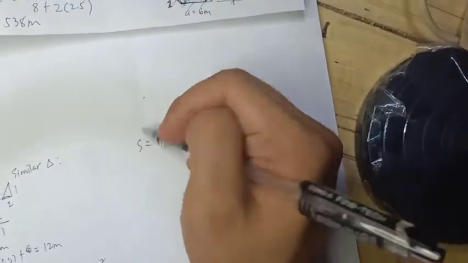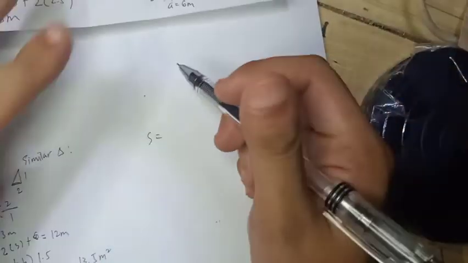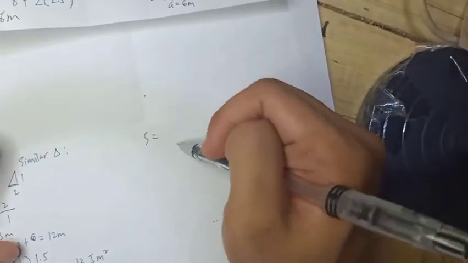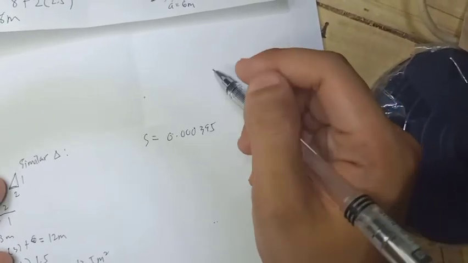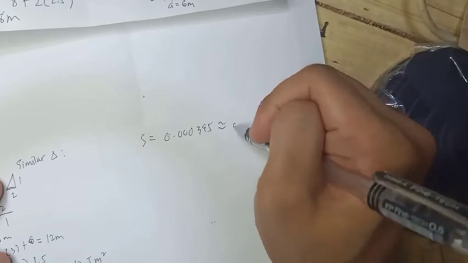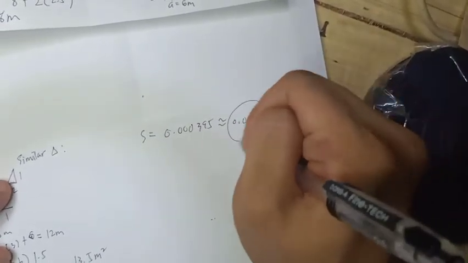Therefore our S, or slope of the channel, is 0.00395, or approximately 0.004. This is the answer.